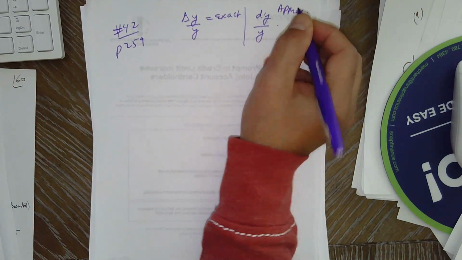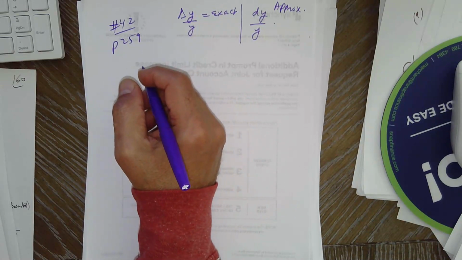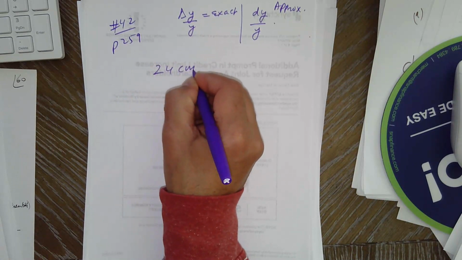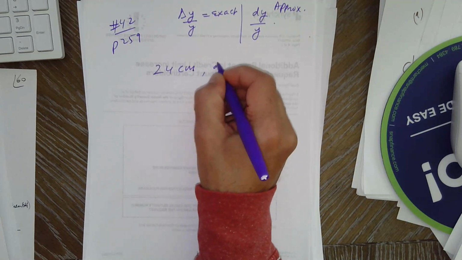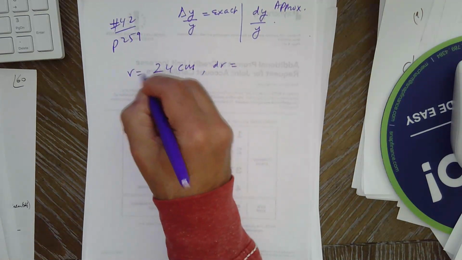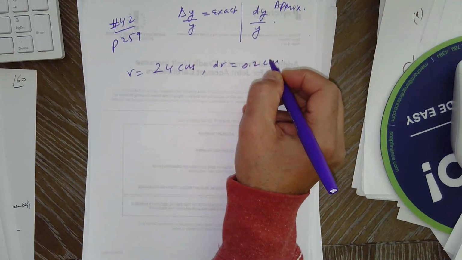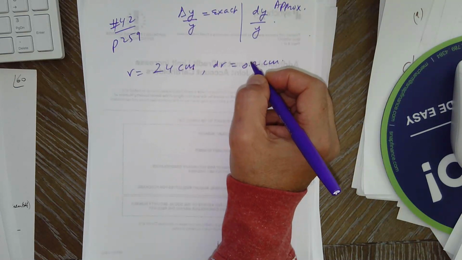Keep that in mind. So 42, page 259, the radius of a circular disc is given as 24 centimeters with a maximum error in measurement of 0.2. So dr, because if r is 24, then dr is 0.2. Use differentials to estimate the maximum error in the calculated area of the disk.